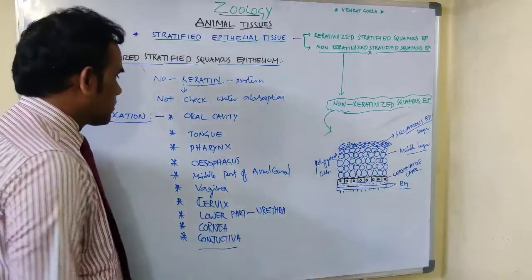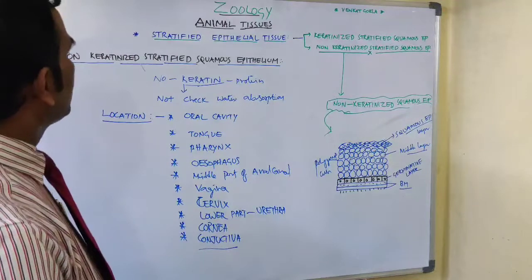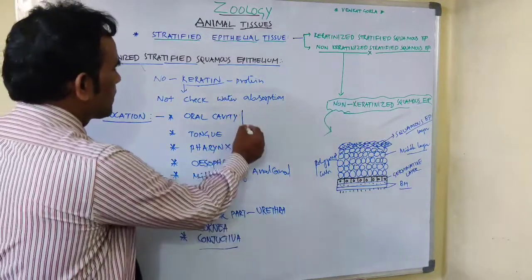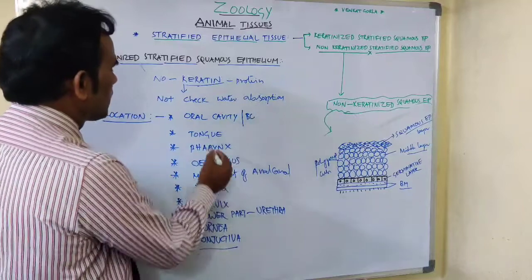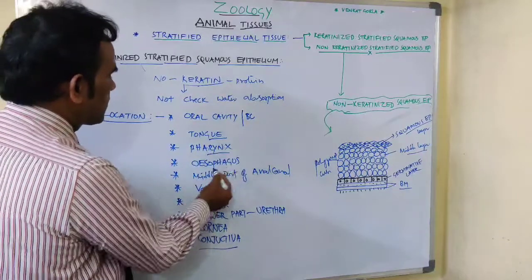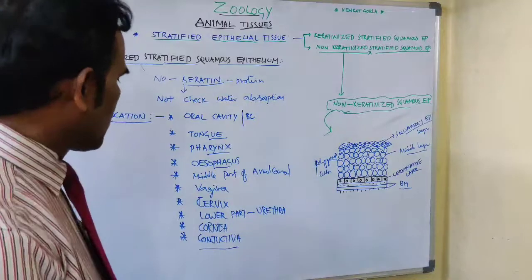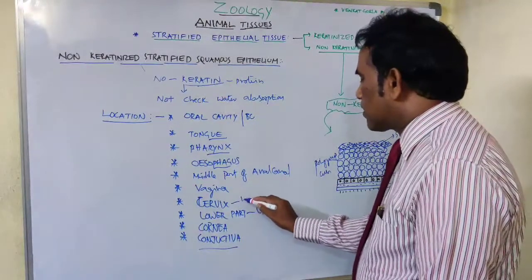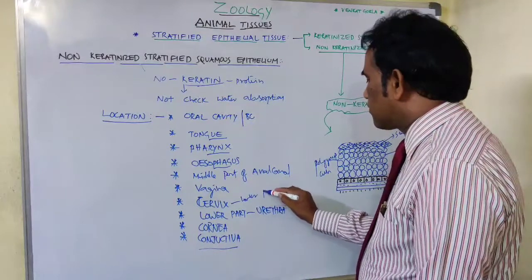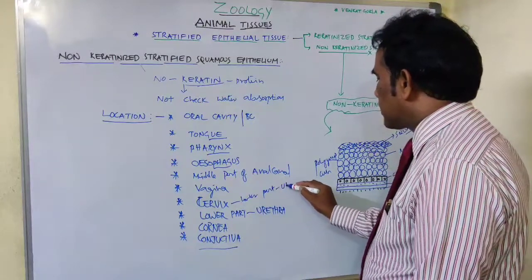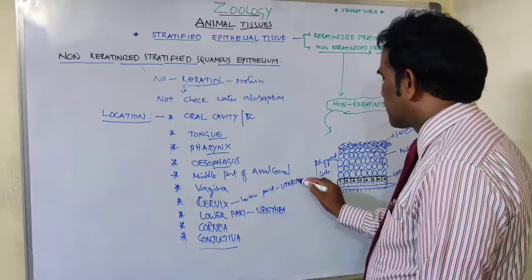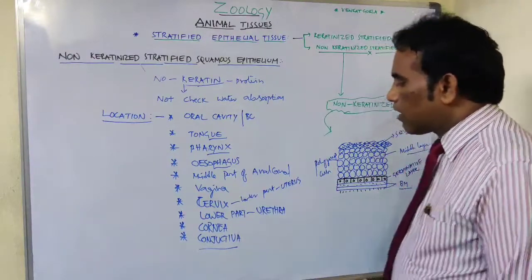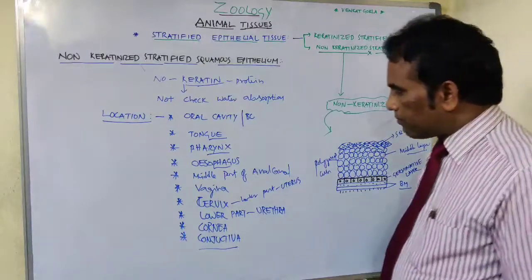So non-keratinized stratified squamous epithelium is found in the oral cavity or buccal cavity, tongue, pharynx, esophagus, middle part of the anal canal, vagina, cervix, lower part of the uterus, lower part of the urethra, and cornea and conjunctiva.